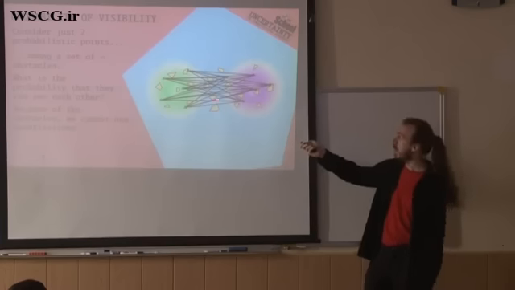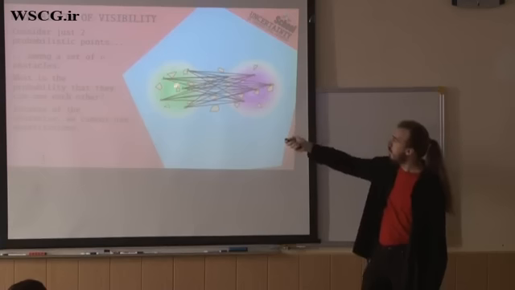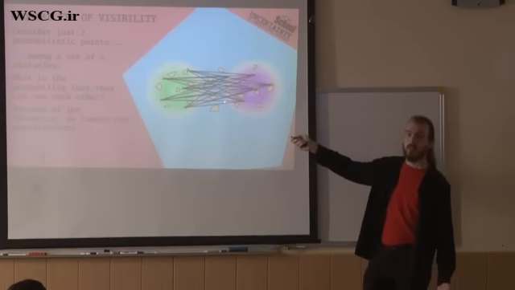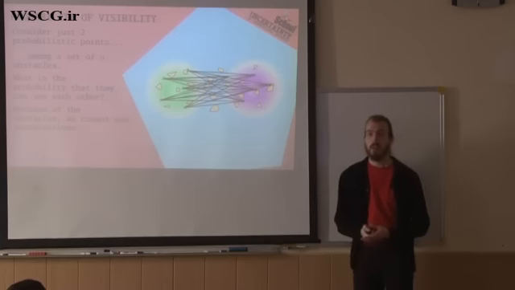And it could just be that they happen to be in such a place that I don't block any of this finite set of visibility rays that's defined by these two finite sets of points.